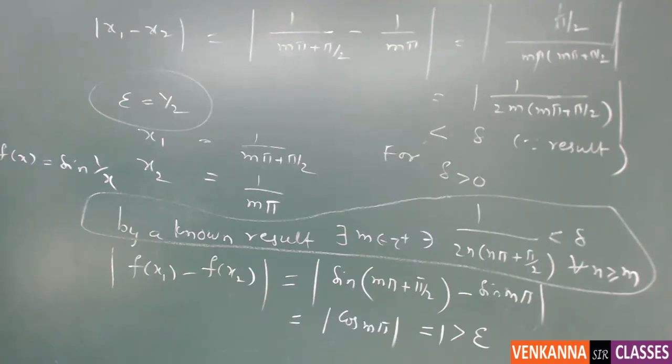Are you clear? There in the LCM part, you can see it will be minus pi by 2. Is the solution part clear, or do you have any questions?